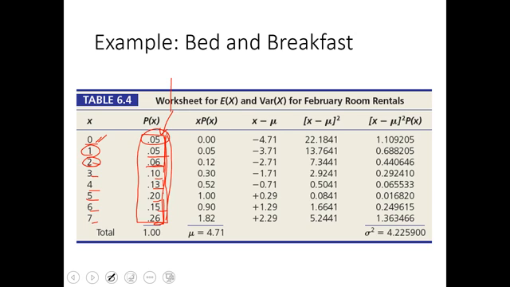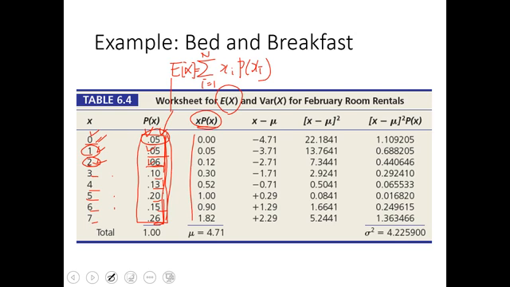To calculate the mean, as you know, the mean is the expected value, which is the sum of xi times the probability of xi, i from 1 to n. So we multiply this number and this number, this number and this number, and so on.